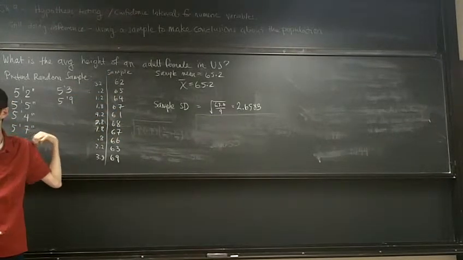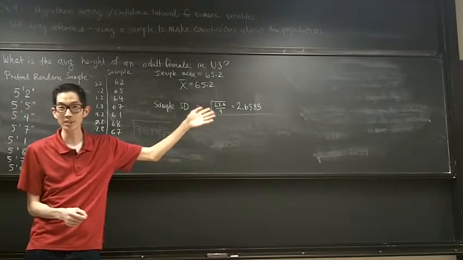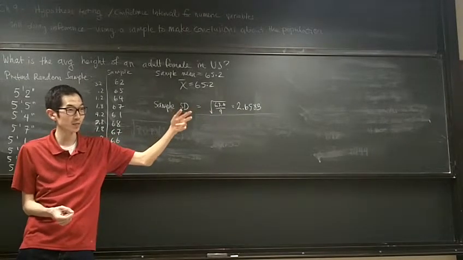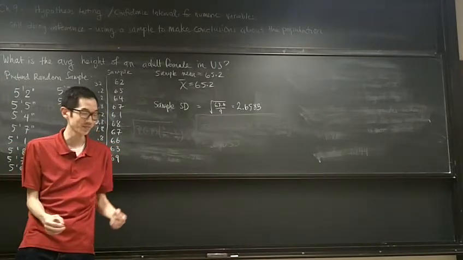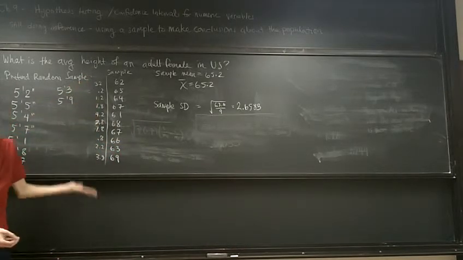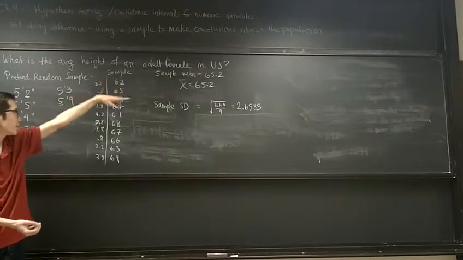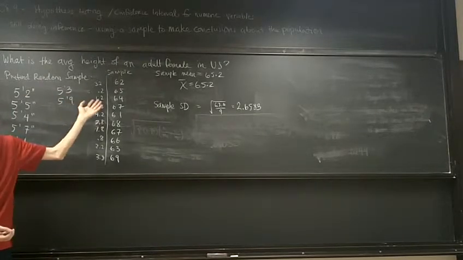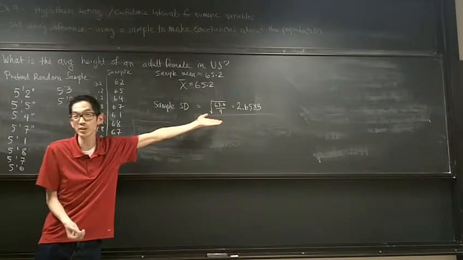You learned this in chapter 3, calculating a standard deviation of a set of numbers. To calculate it, you find the mean, subtract the mean from each number to get the deviations, square the deviations, add those up, divide by n minus 1, and I got 2.6583, okay?